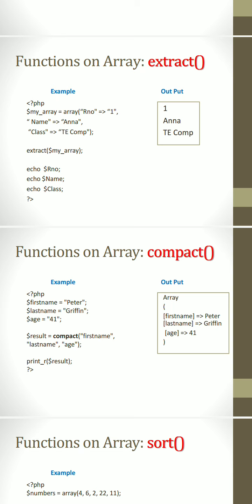We have used the extract function in bracket $my_array. Okay, we have created one array and we are passing that array to the function extract. Echo $roll_no, echo $name and echo $class. Okay, so it will give the output as 1, Anna and TYCOM.